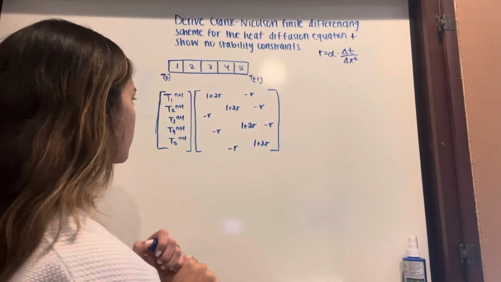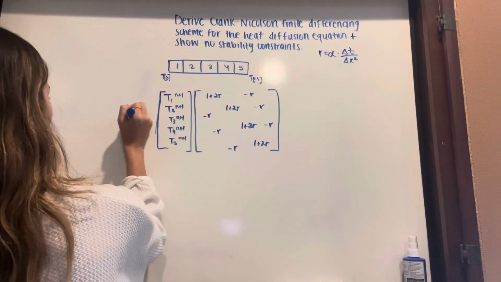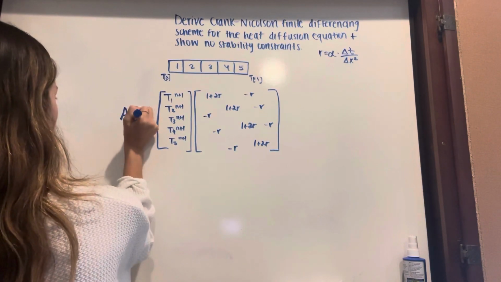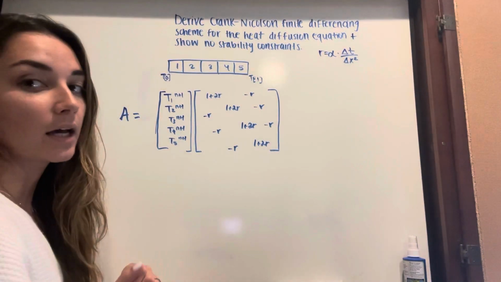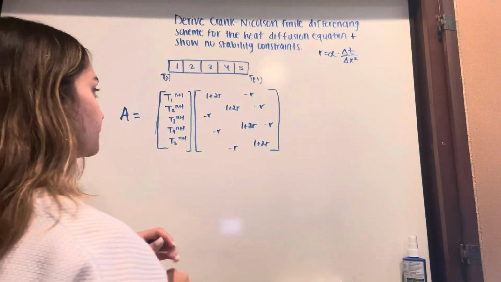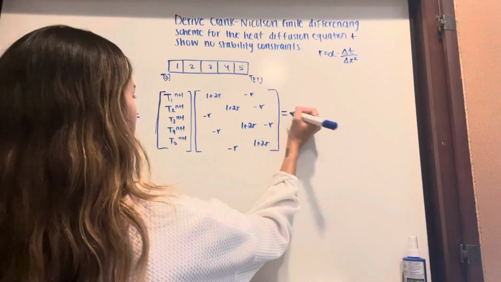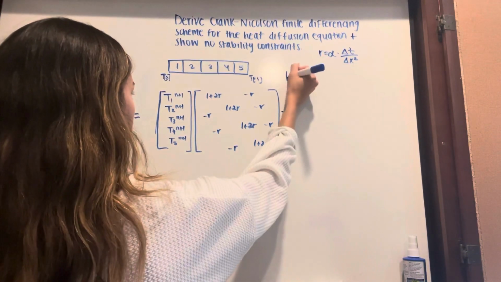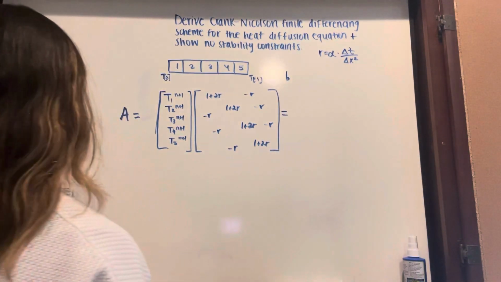Okay, and so we're going to set that up in our code as A for our matrix. A is going to be our left-hand side of our expression. And then for the right-hand side, we have B, which we'll label in our code.